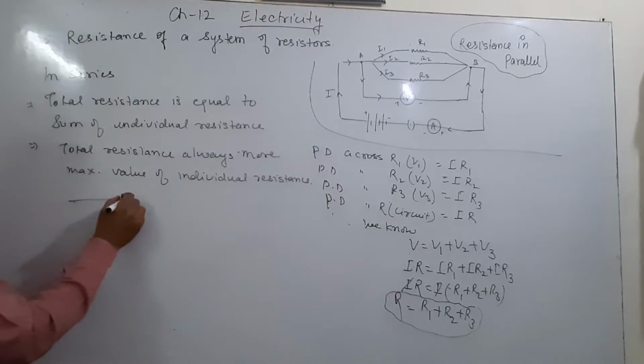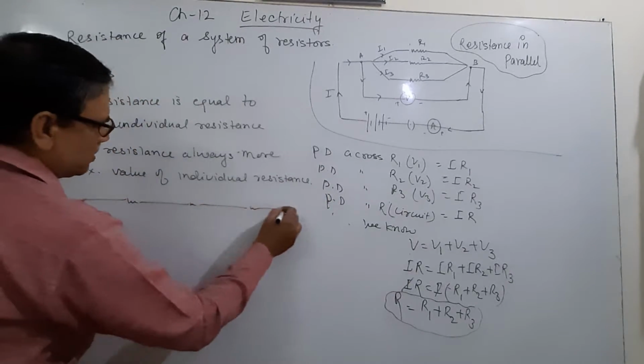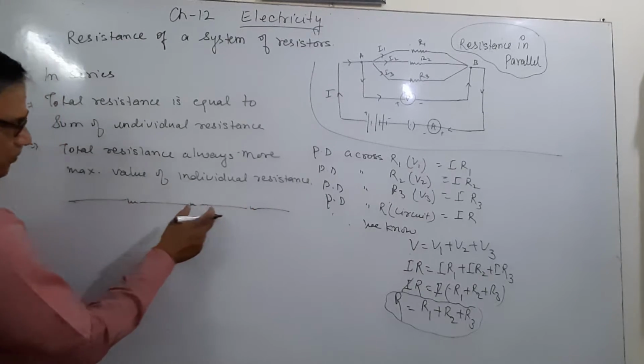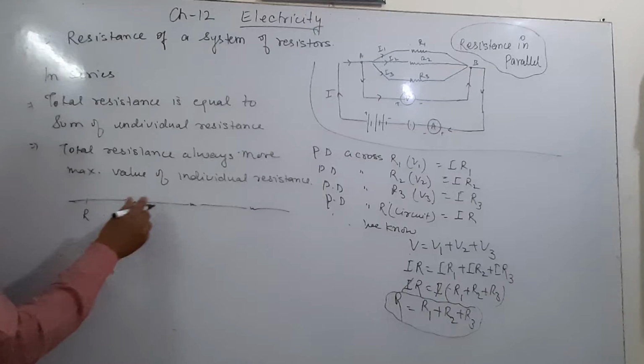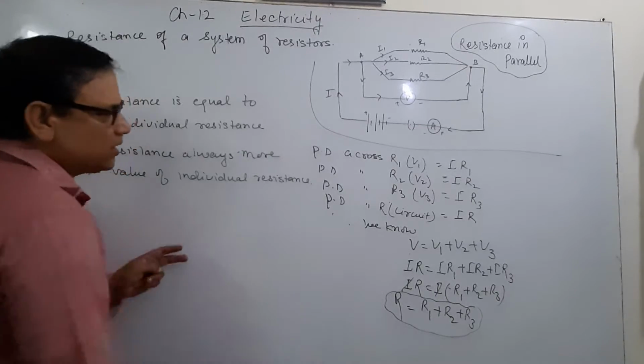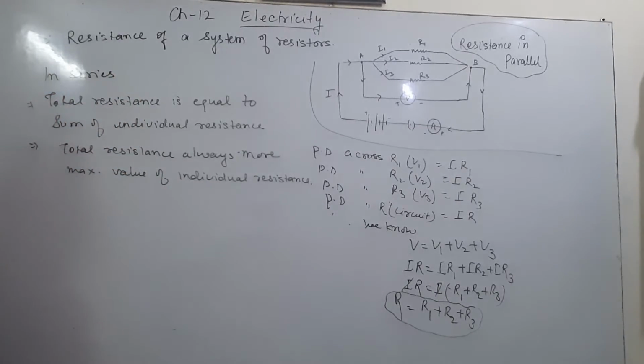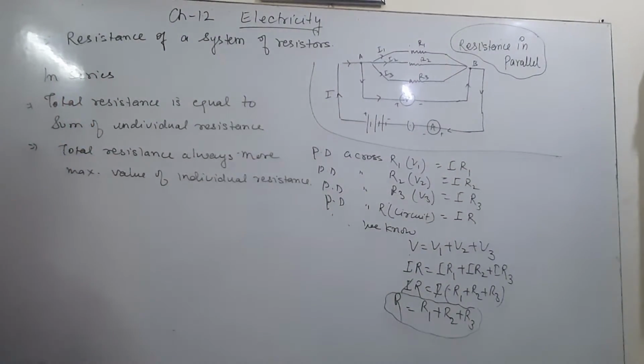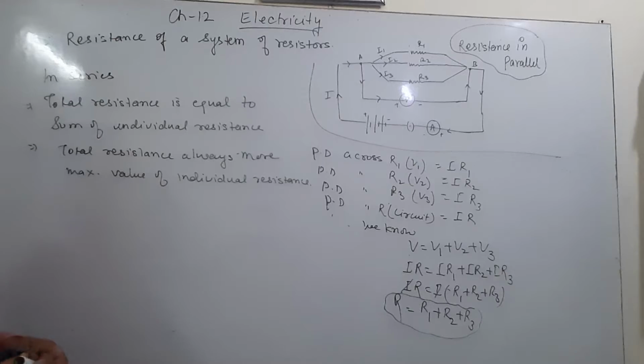And now in this circuit, as you know, R1 plus R2 plus R3 gives the total resistance. It means in series, when we add the individual resistances, we get the total resistance. And now the second point is when they are connected in parallel.